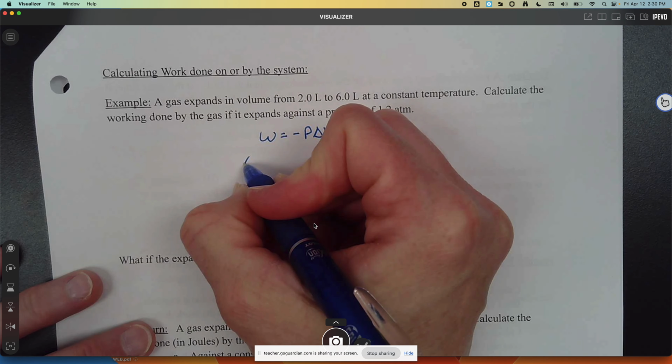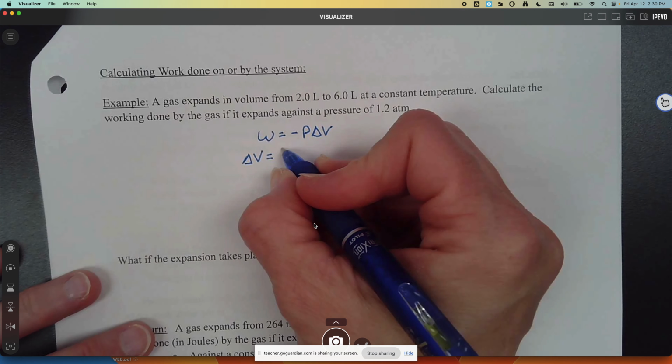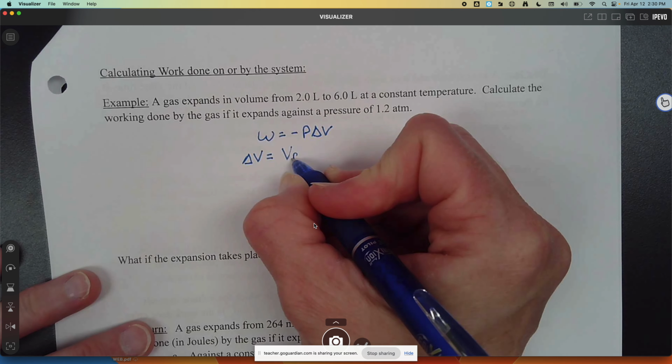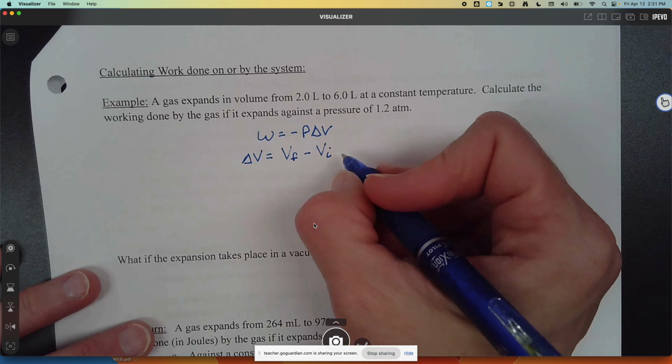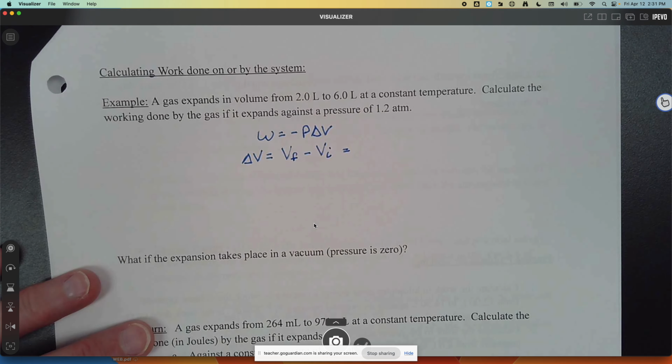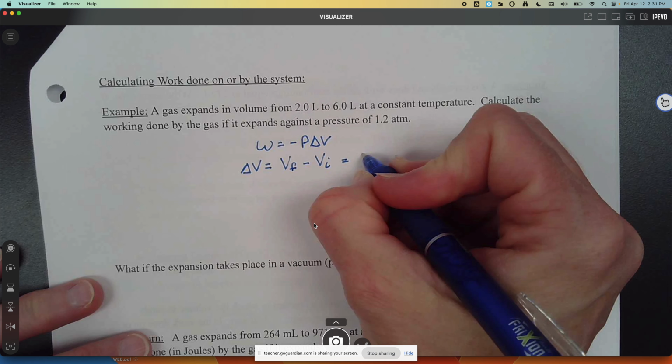So the first thing to think about is by how much did the volume change? Like all changes, it's a final minus initial, and that's important because it's going to get you your positive or negative sign. So we went from 2 liters to 6 liters.